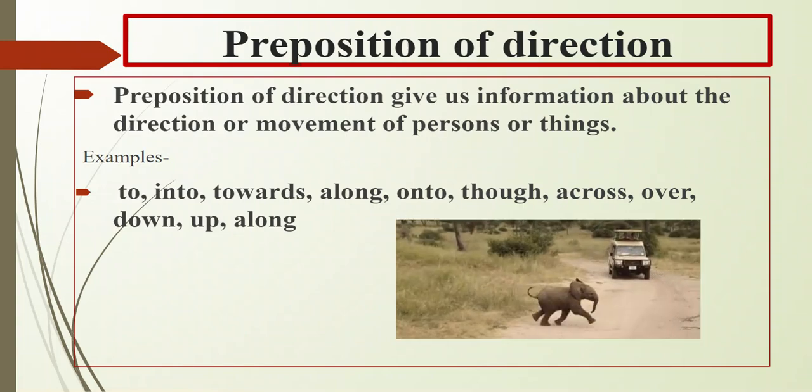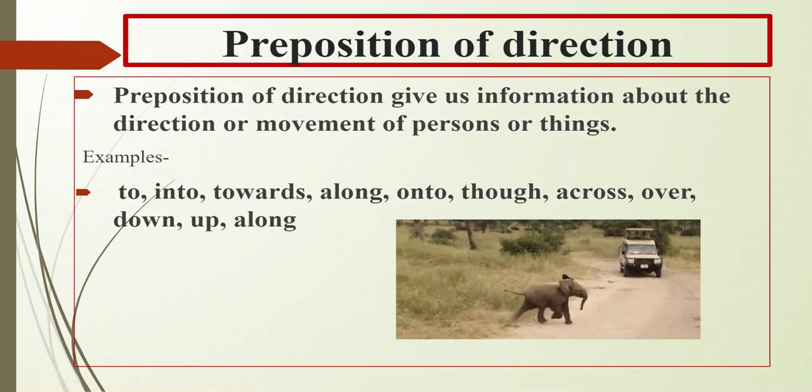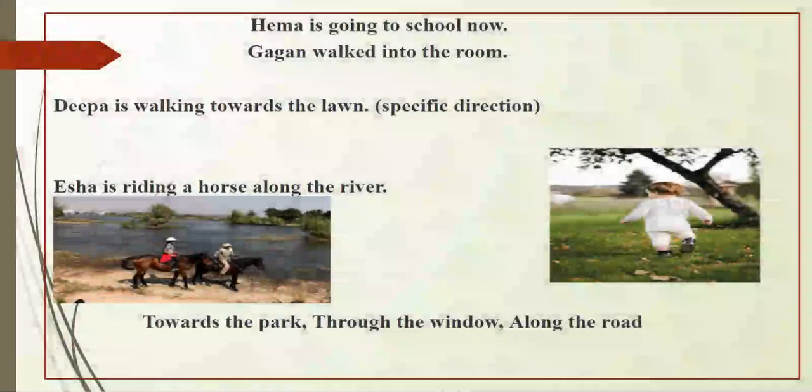So let's take a few examples and understand its usage. Like Hema is going to school now. So where is she going? To school now. Gagan walked into the room. So we can see the direction of movement.